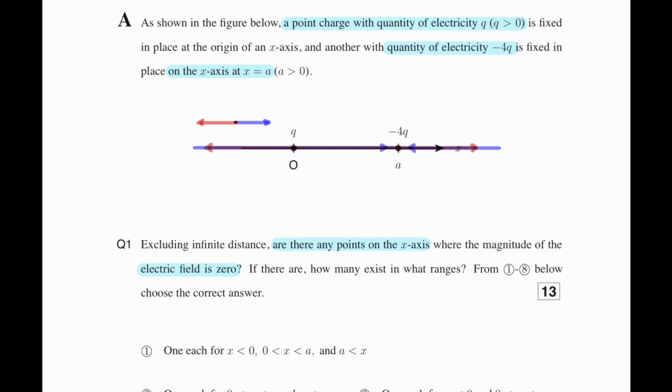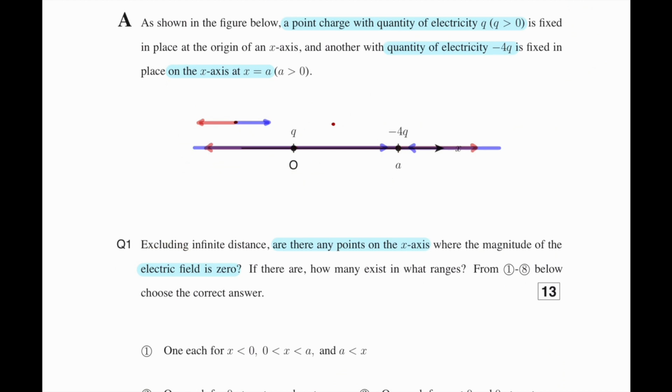If you see, the red one goes to the right, and the blue one also goes to the right. The electric field in this region will add up. So it is impossible for the magnitude of the electric field to be zero in this region, because the direction is the same.